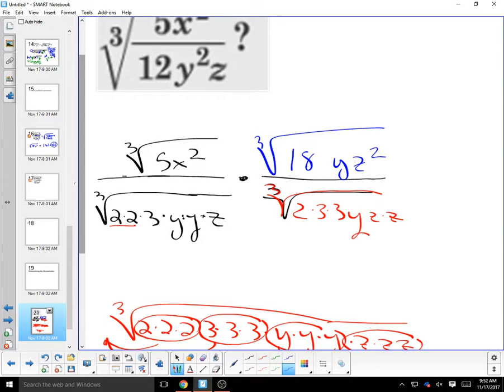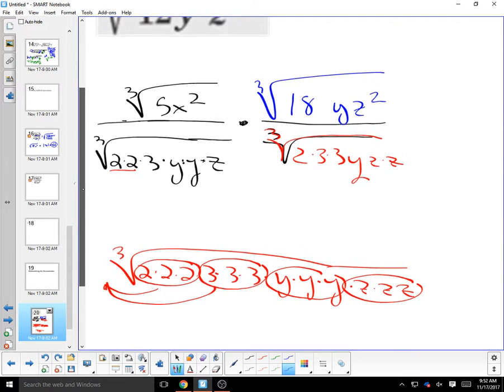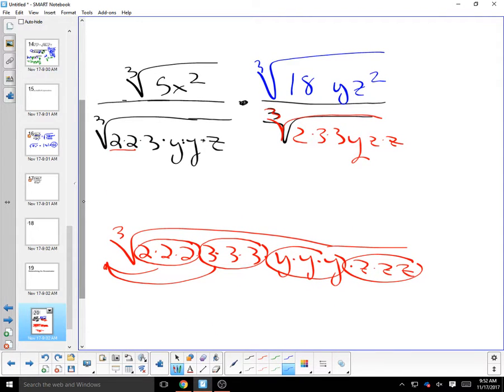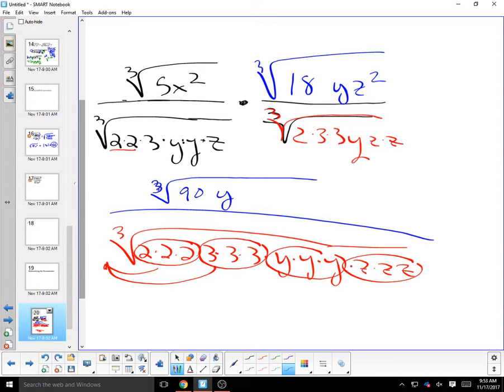Now I just have to multiply the two tops. So 5 times 18. What's 5 times 18? Is it 90? So the third root of 90, and I'll start with x. Let's start alphabetical. I like alphabetical order. X squared, y, z squared.